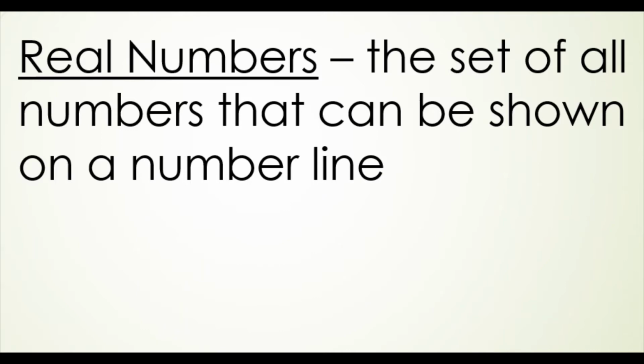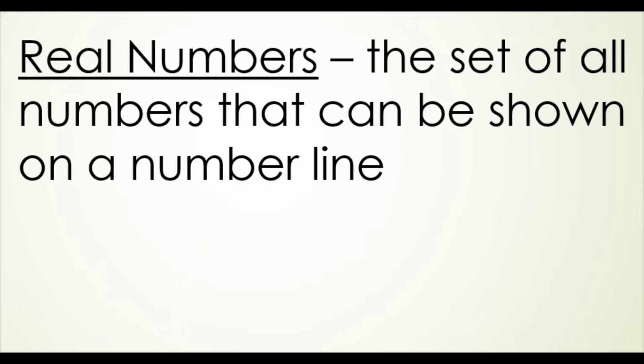Next, the real numbers are the set of all numbers that can be shown on a number line. So this is every number that you can put on a number line. So that's going to include all the natural numbers, all the whole numbers, all the integers, all the rational numbers, but it's also going to fill in any gaps between any of those.